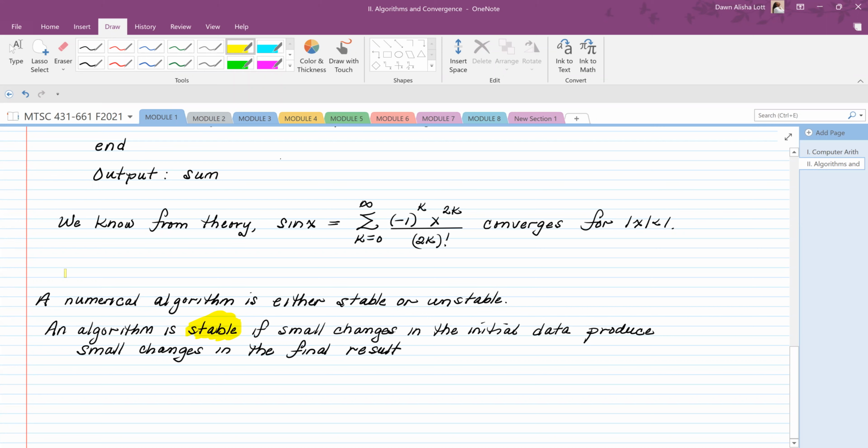And if an algorithm is not stable, then it is unstable.